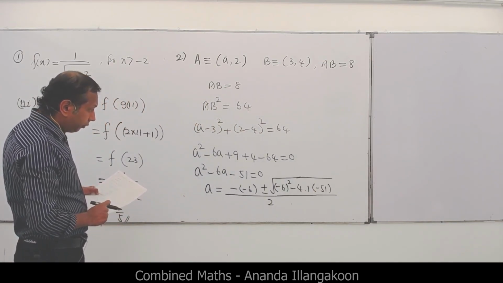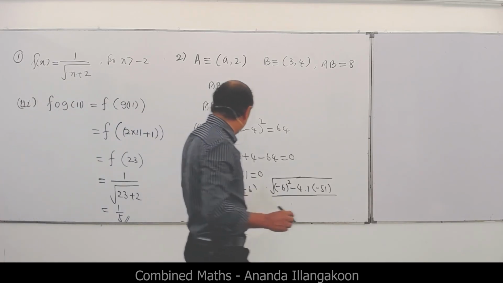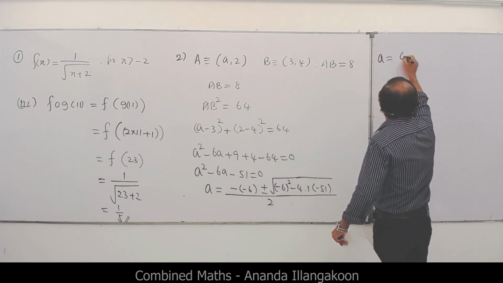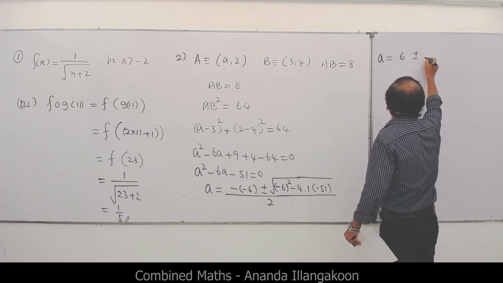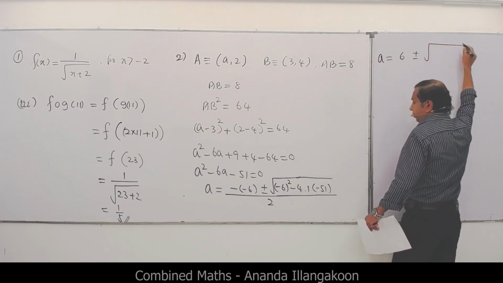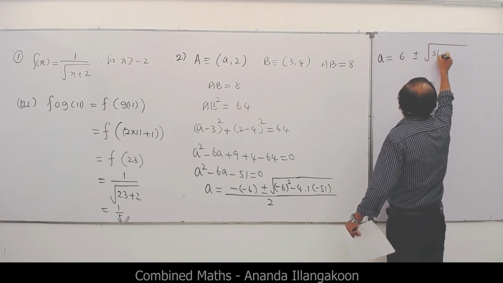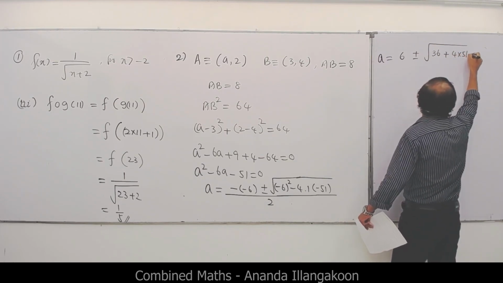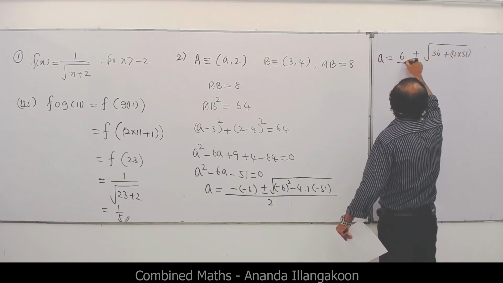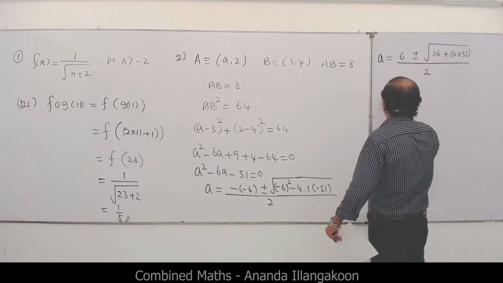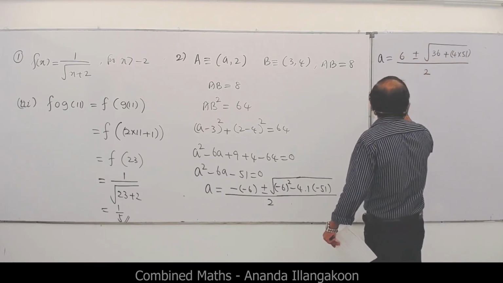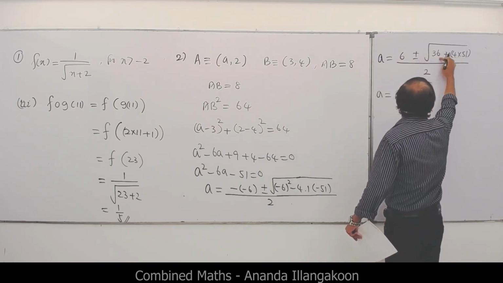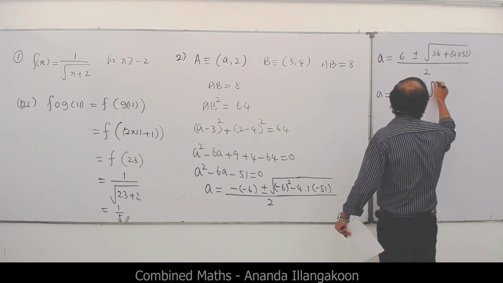Then we can simplify it like this. a equals 6 plus or minus, I'll write it like this, 6 squared is 36 plus 4 times 51, divided by 2. a equals 6 plus or minus, shall we take this 4 out? When I take 4 out, we get 2 there.